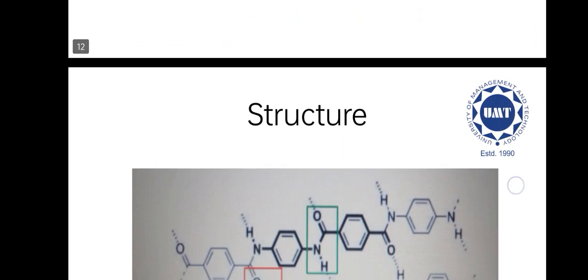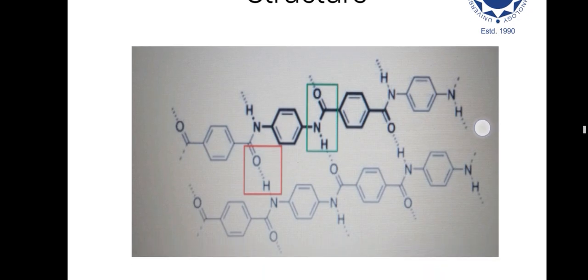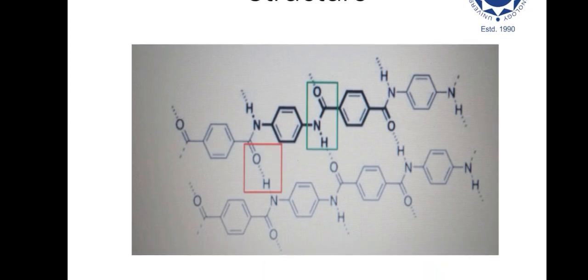So let's talk about the structure of Kevlar fabric. We have already talked about it: it is a terephthaloyl chloride and paraphenylene diamine reaction. When H from the NH2 of the PPD and Cl from the dicarboxylic acid chloride are removed, a bond forms between the nitrogen and the carbon of the carbonyl group, and the product is called PPTA.